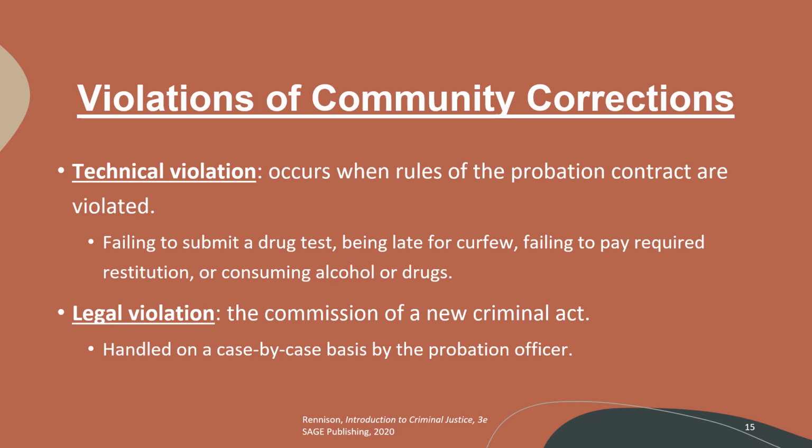They can be given new tasks, all the way up to something called revocation. And that essentially means that the probation is going to be revoked, or the option of being in community corrections and having your case handled in community corrections goes away, and you're going to serve the rest of your term out in prison.